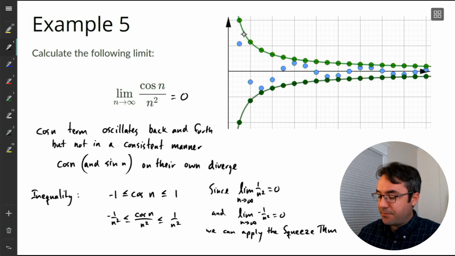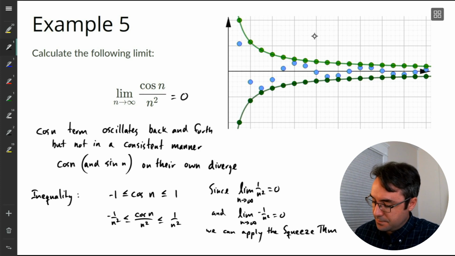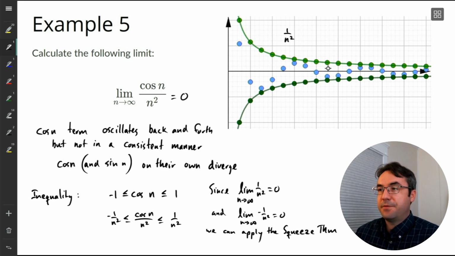And you can see that from the graph here. So we have the graph of this upper portion, the graph of the terms in our sequence 1 over n squared. So that top curve.